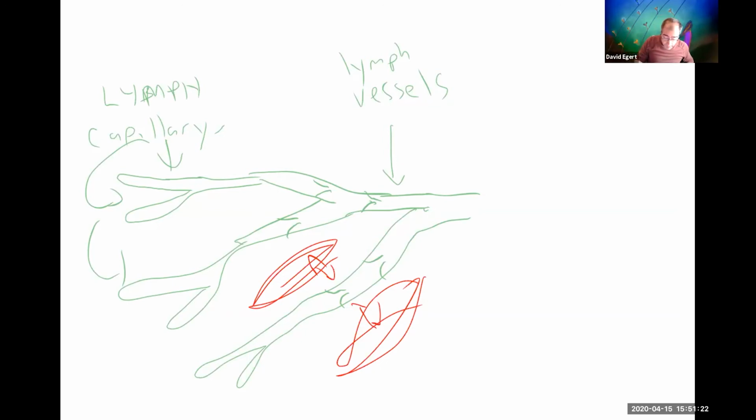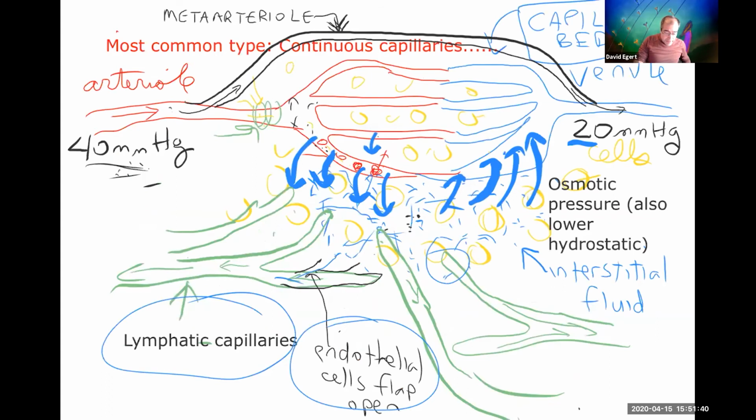So the lymph, and the definition of lymph, is just the fluid and dissolved stuff that gets absorbed into the lymphatic vessels. That's all lymph is. Anything that ends up getting absorbed in here, again, the water and proteins and whatever else, that's just lymph.